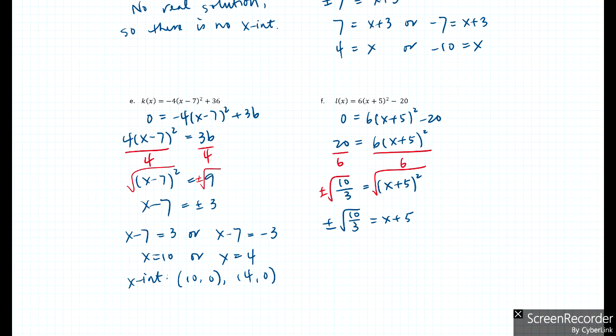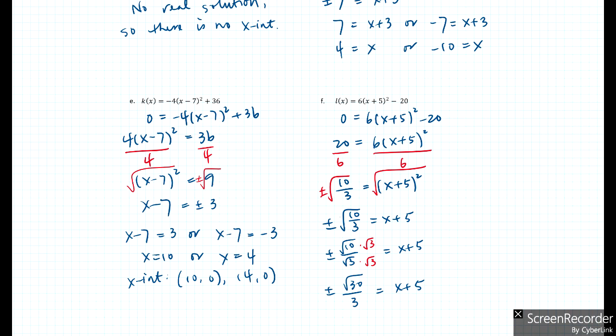And that's where you can rationalize things. And that gives us square root of 10 over square root of 3. To rationalize it, we can multiply root 3 on both sides, and we know that's equal to x plus 5. And as a result, we will get square root of 30, which cannot be simplified anymore, over 3. That's equal to x plus 5.